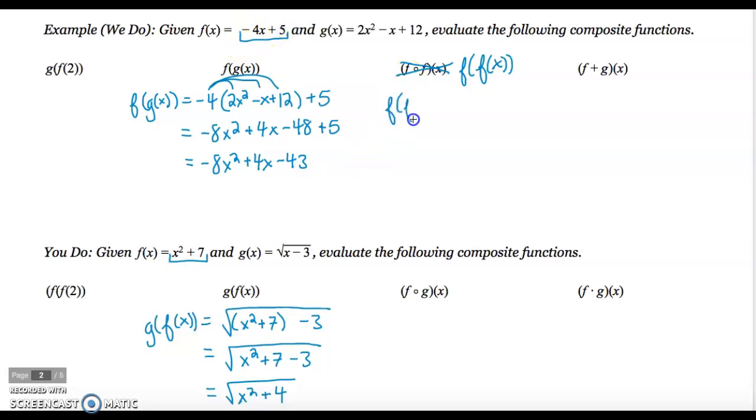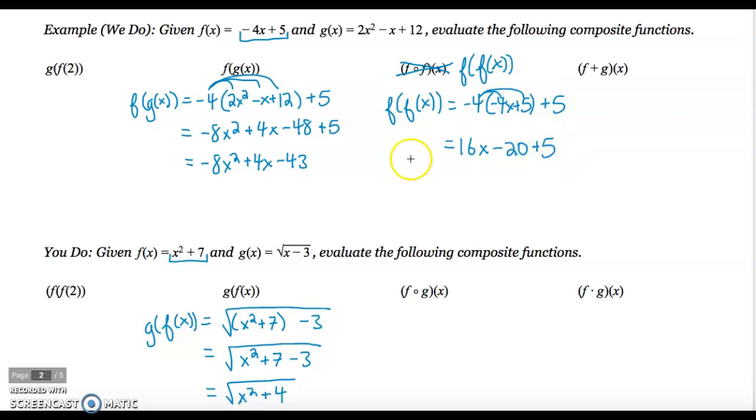So f of x would give me -4 times whatever my input is, plus 5, and I'm plugging f of x into the input. So -4 times -4x plus 5. Go ahead and distribute that -4, and I get -4 times -4x gives me +16x. -4 times 5 gives me -20, plus 5.